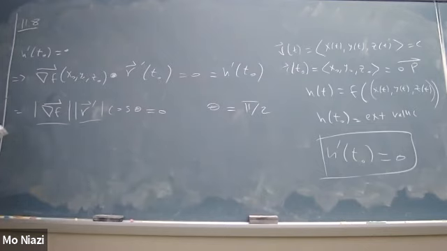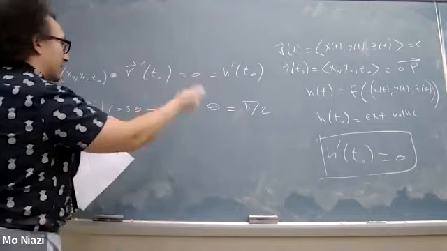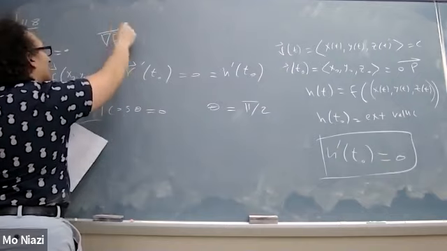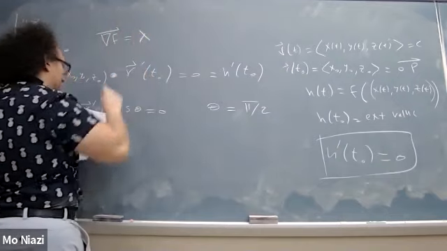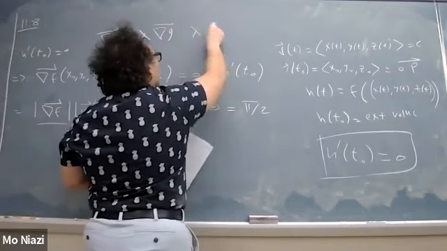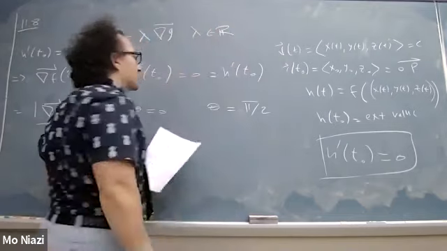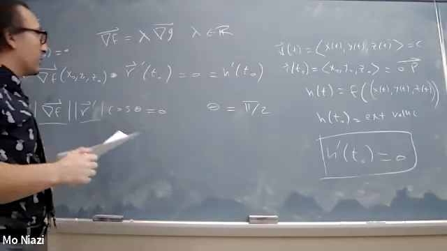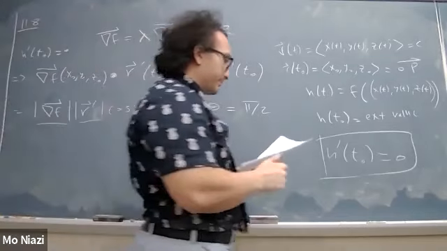So all of this to say that the common tangent line that the functions have implies that the gradient of f is equal to some lambda times the gradient of g, where lambda is just an element of the real numbers. It's just some scalar. So now we may assert that the gradient of f is perpendicular to r prime.